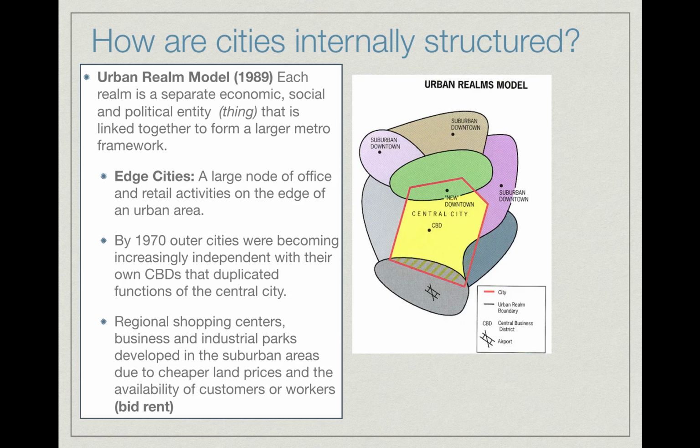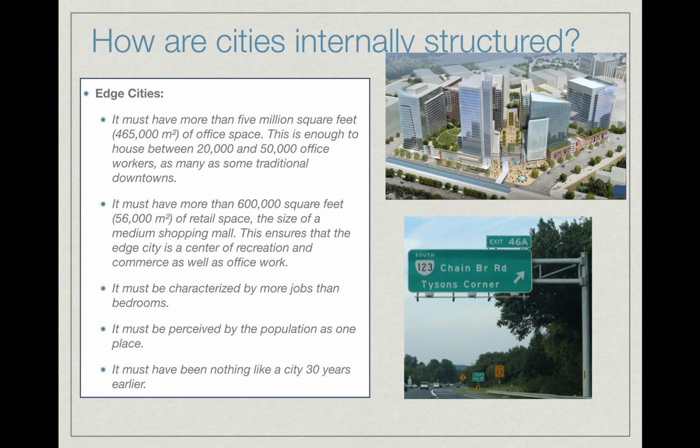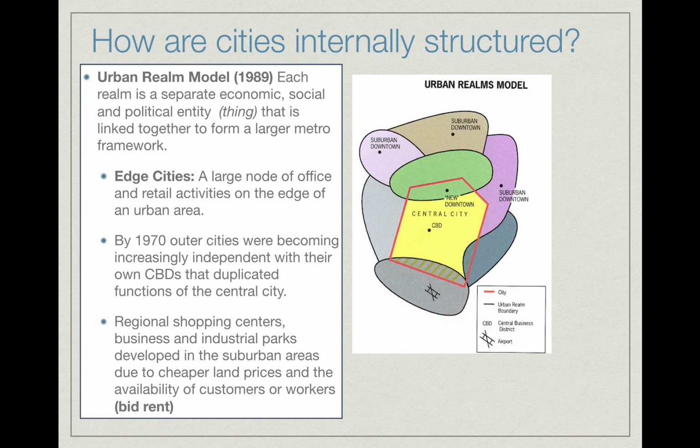So these urban realms are the idea that we have the CBD in the central city, and then we have all kinds of downtown or suburban networks. You'll notice too that the airport often functions as one of these suburban realms. What these are often referred to is the development of edge cities.